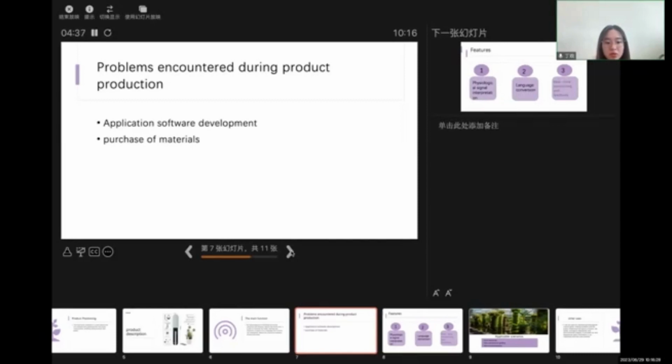The second issue is the purchase of materials. We are currently unable to obtain such precise material, and its cost far exceeds our budget, so we have not produced this item in large quantities, just created a concept diagram.